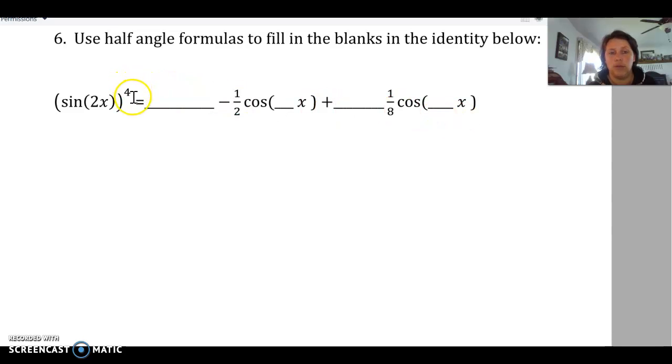The last one we did was a squared function. This one is to the 4th power. So we're actually going to have to use this half-angle formula 2 times to make this work out correctly. We start by looking at your identity sheet, and we want to use the half-angle formula because that's what they tell us right here.